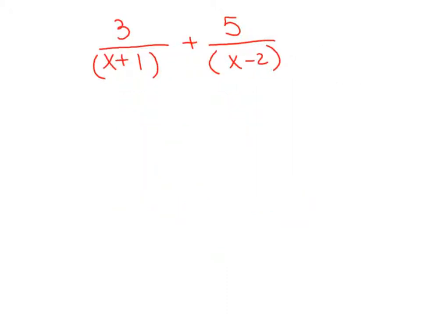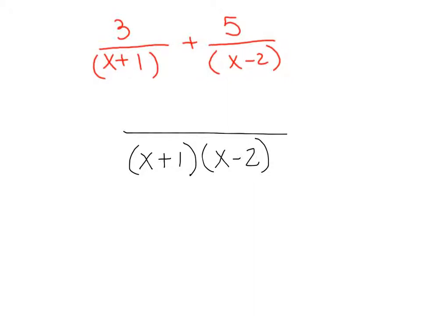Now here's a situation when you would have two different numbers, like you would have a 6 and a 5. And so really the only way to get the common denominator is to multiply the two together. So that's what I'm going to do. I'm going to multiply the two together. That's my common denominator. And then I come up here and I see that I have x plus 1, but I don't have this other factor, right?